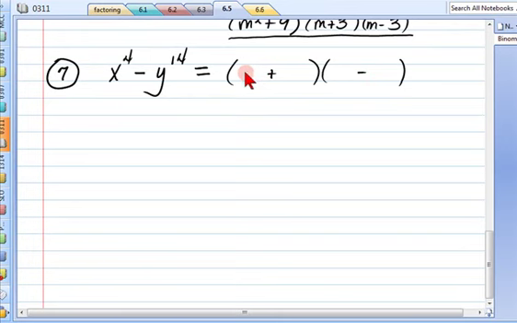The first one will be x to the 2nd plus y to the 7th. So when you take the square root of that, you're just taking half of its exponent. The other one will be x to the 2nd minus y to the 7th. Is this factor still the difference of squares?